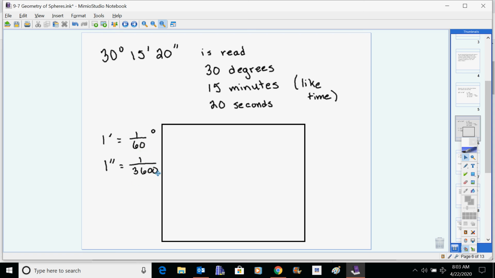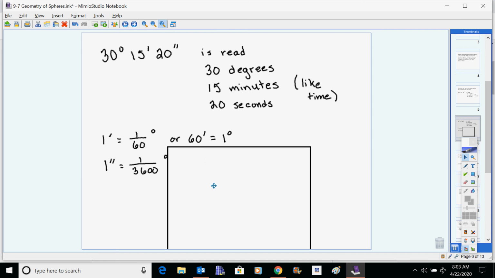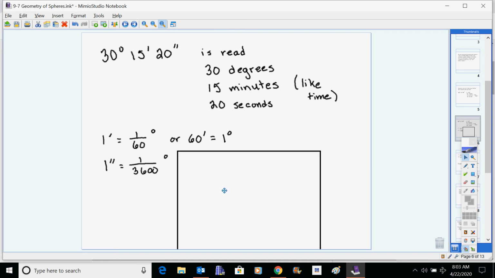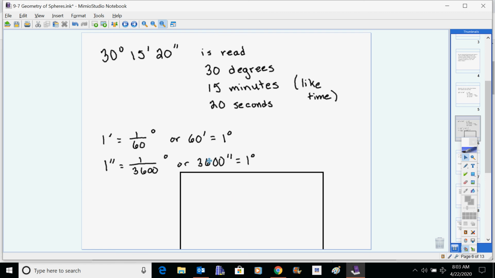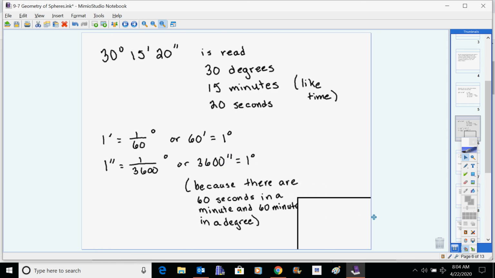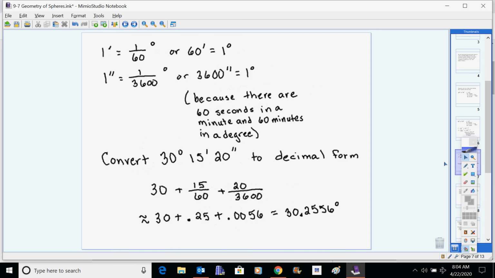So this is really telling you that there are 3,600 seconds in a degree. 60 minutes equals 1 degree. 3,600 seconds equals 1 degree. And we can use that to help us do some conversions, because in all practicality we don't use this so much anymore, so we have to turn it into degrees.